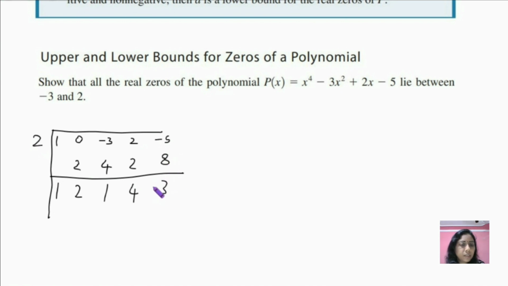So here the remainder is not 0. It means 2 is not a zero of the given polynomial. And here all entries, meaning quotient and remainder, are all positive. So let's check.